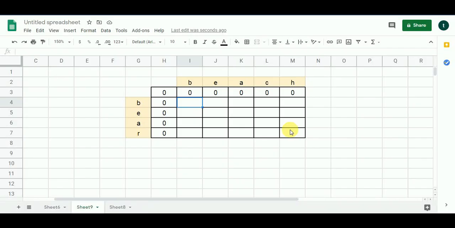So here we are at our framework, and this is the matrix which we are going to fill. As you can see, string 2 forms the columns of this matrix, and string 1 forms the rows.